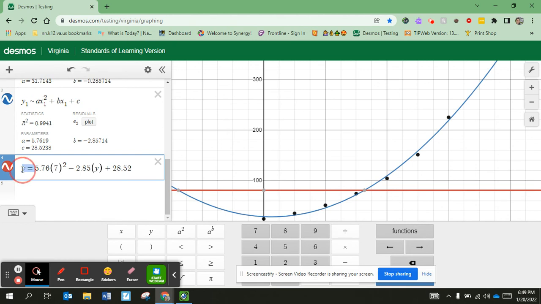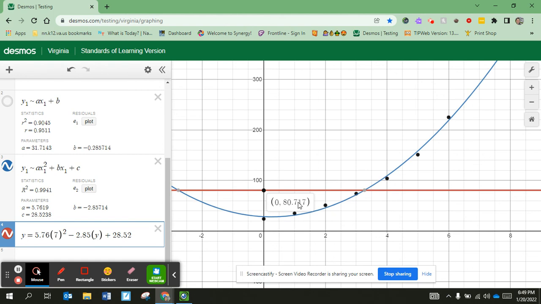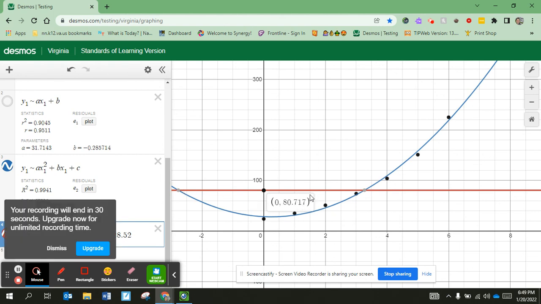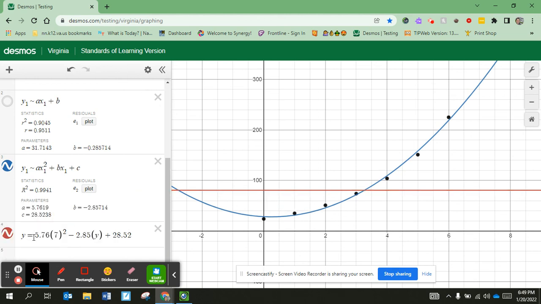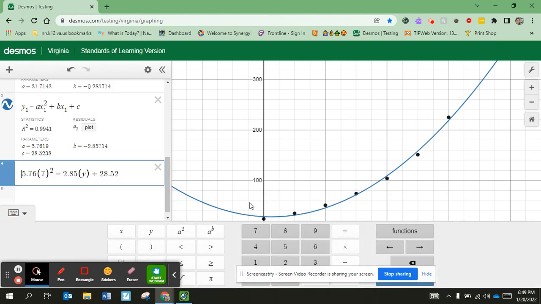So what will our y be when we have 7 years? The estimate is going to be, our estimate for 7 years is about 291.